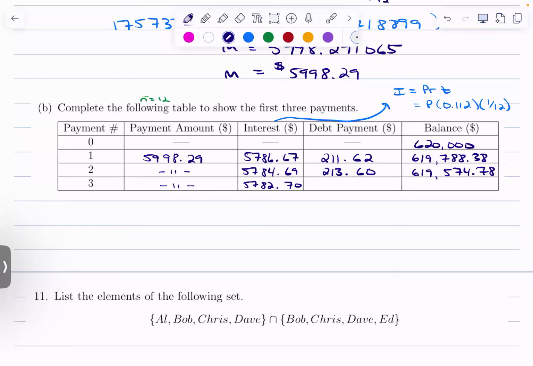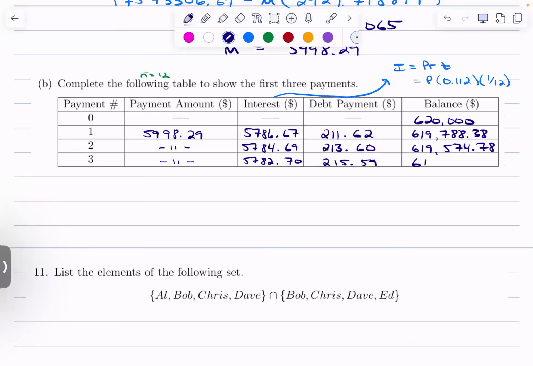Now's not the time to be making mistakes. Slightly higher, 215.59. Take that away from the previous balance, 619,574.78 minus that guy. 619,359.19. Oh, this is a 9.